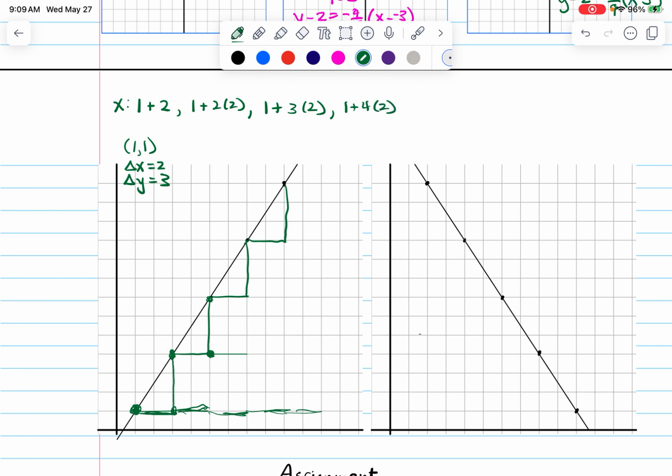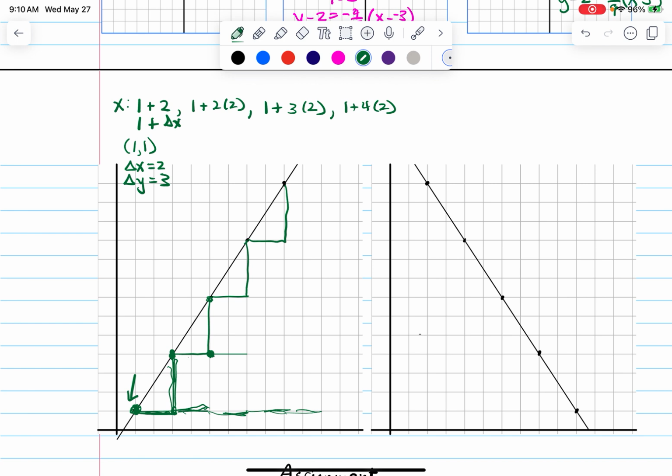You see, what I'm doing is I'm looking at this a little differently. I'm saying, okay, if you start at any point, now bear with me here. I'm starting right here. How do I get to another point on this? Well, I need to add 1 times the delta x. So this is 1 plus delta x. How do I get to the next one?